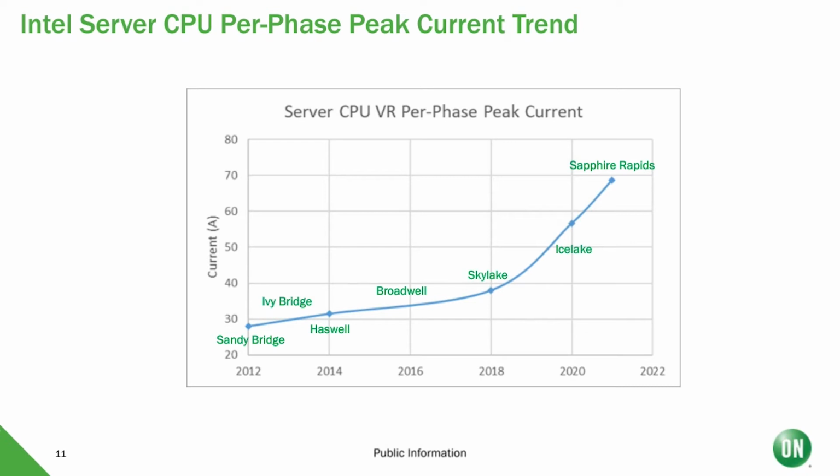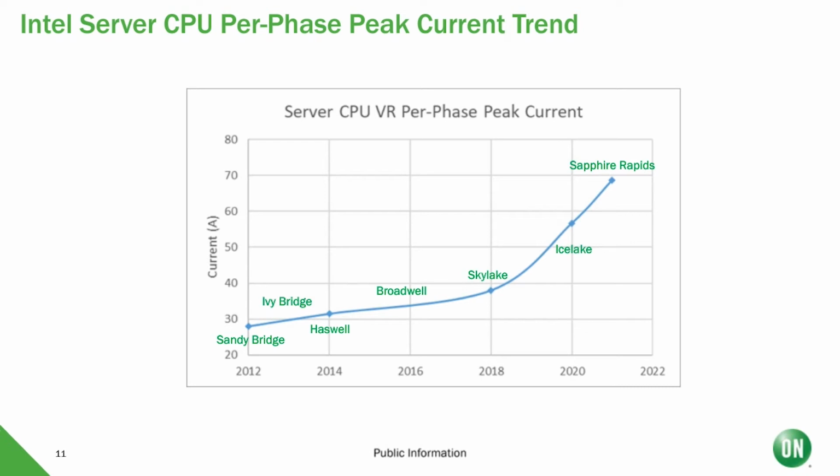So from the Sandy Bridge and Ivy Bridge generation, the number of phases was around 3 to 4, trying to support about 100 amps. So the peak current per phase is right about 25 to 30 amps. Going to Haswell and Broadwell increased by a little bit, not much.